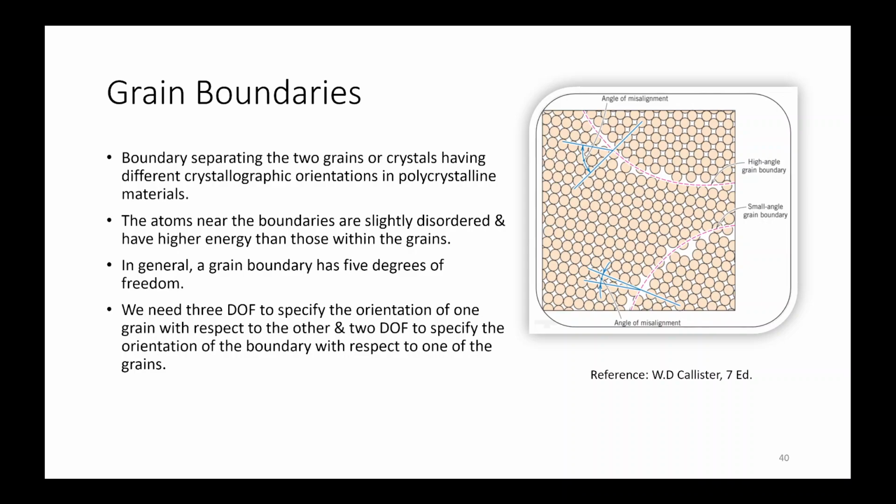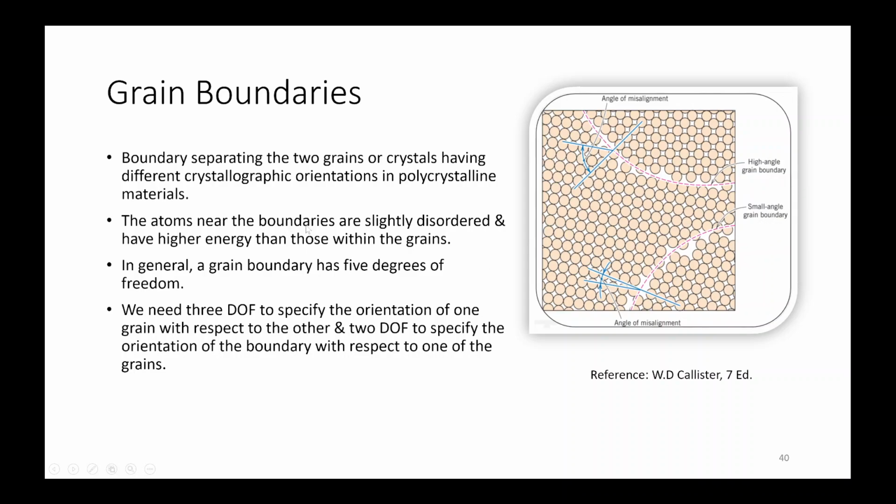These are the boundaries that separate two grains or crystals which have different crystallographic orientations. Like here, this grain has orientation in this direction while this one has it in this direction. So this is the misalignment, the angle of misalignment. By measuring this angle, we can know whether it is a high angle grain boundary or a small angle grain boundary.